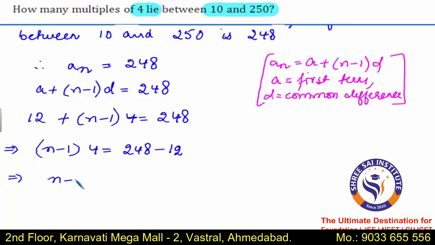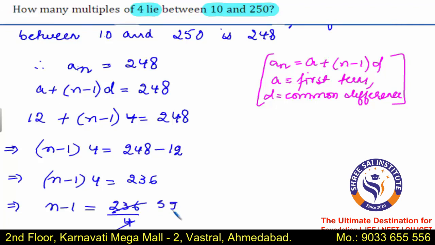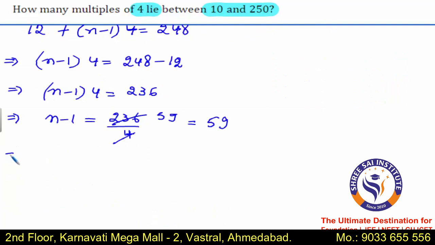This implies that n minus 1 into 4 is equal to 236. This implies n minus 1 is equal to 236 divided by 4, which gives 59. This implies that n is equal to 59 plus 1, which is equal to 60.